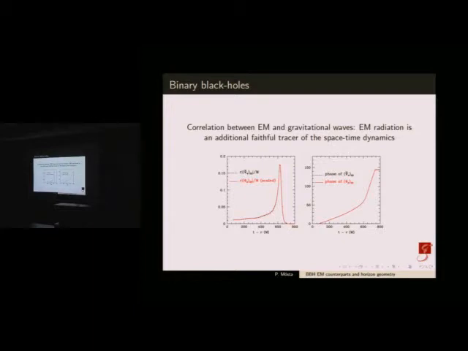Also the phase evolution lies perfectly on top of each other for the two signals. So the two signals are very, very well correlated, at least in the dominant mode of our system. We also looked at higher modes. For example, if you take the l=3, m=2 mode, you can still rescale it to match the amplitude, but you need a rescaling factor that varies in evolution time.